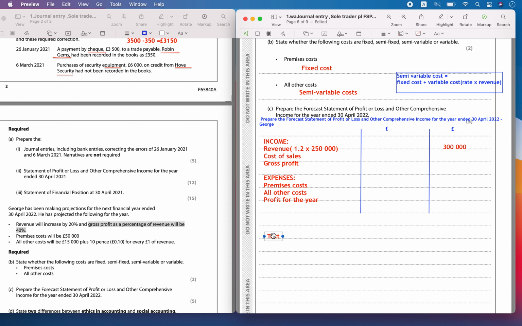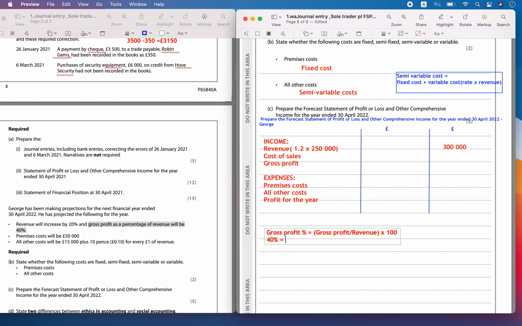The next information given is that the gross profit as a percentage of revenue will become 40%. We know the formula: gross profit percentage equals gross profit over revenue times 100.